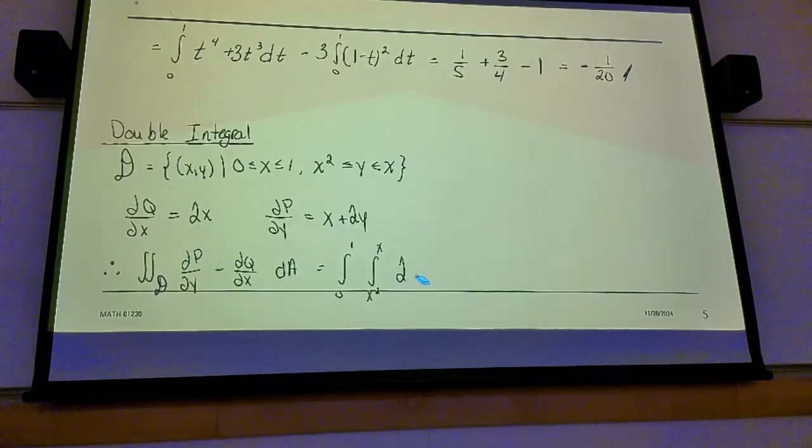Now the evaluation. Well, x, from x squared to x, remember it's dy, so it's going to be x times that length: x squared minus x cubed.